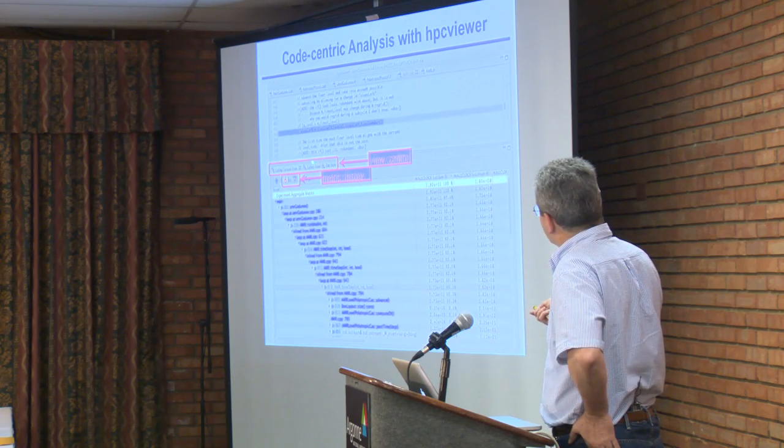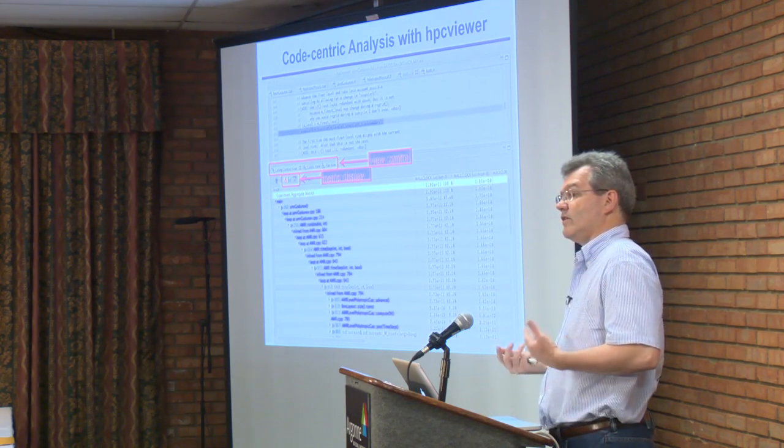There's also a caller's view that allows you to look up call chains. If you have something that's being used in many different places in your application, say MPI wait, then you can look up the call chains and see that of all the time spent in MPI wait, it's spent in different contexts.